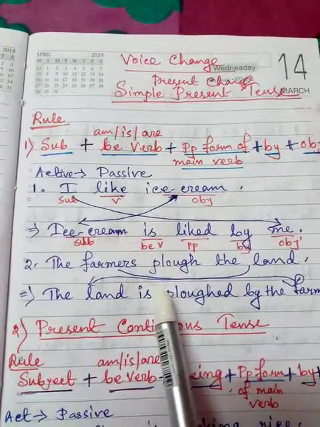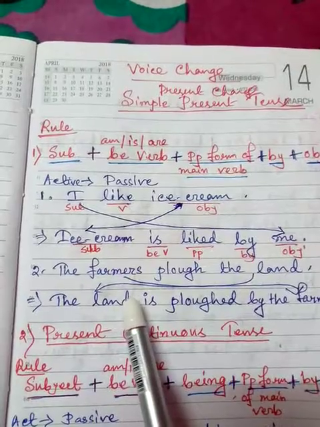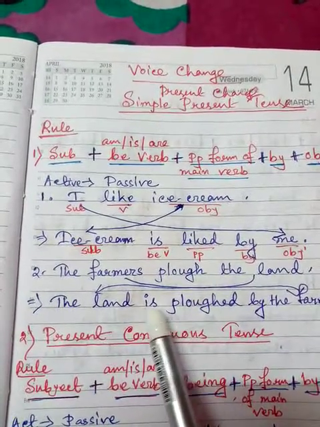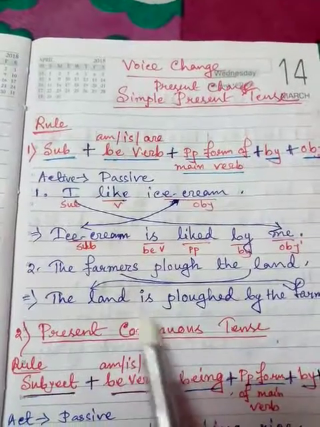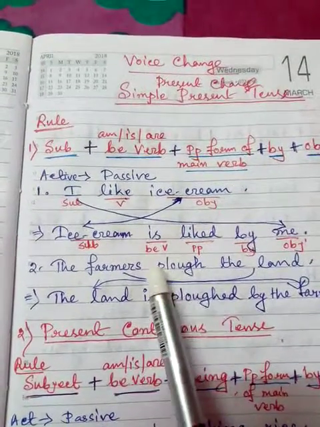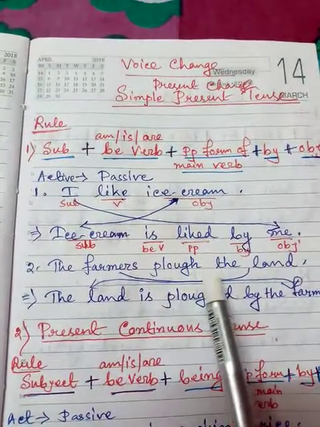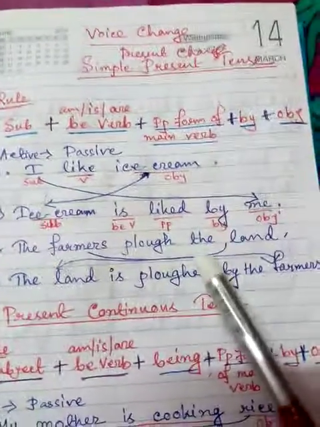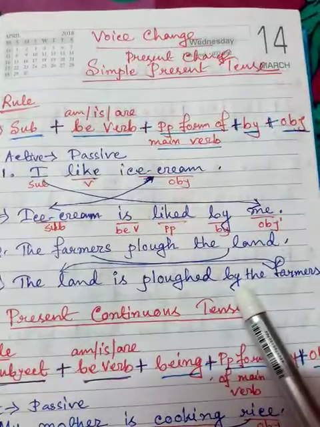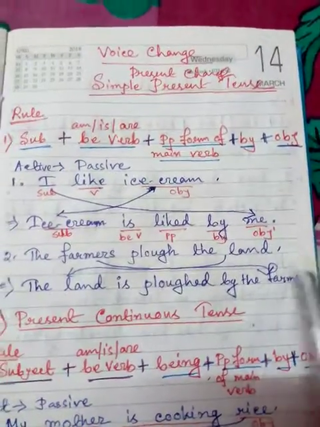We should write is, because the land is singular. Okay, the land is a singular subject, so we will write here is. Next, the past participle form of the main verb plow is plowed. Okay, next we add a by, then the subject as object, the farmers.